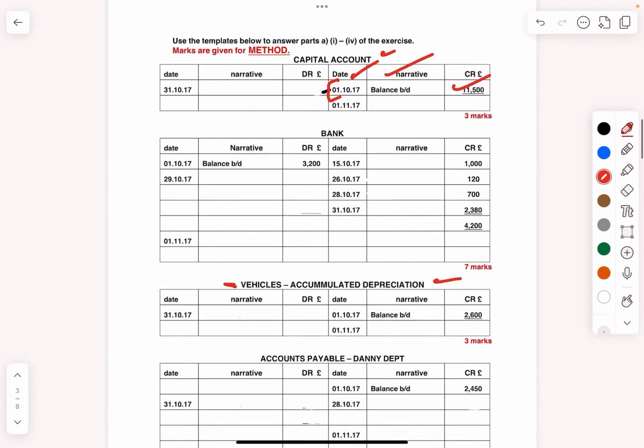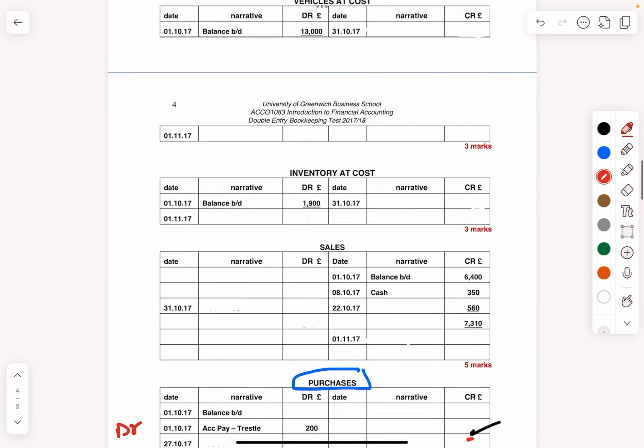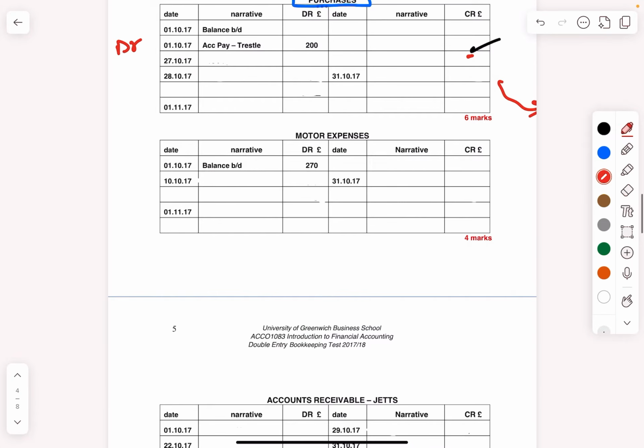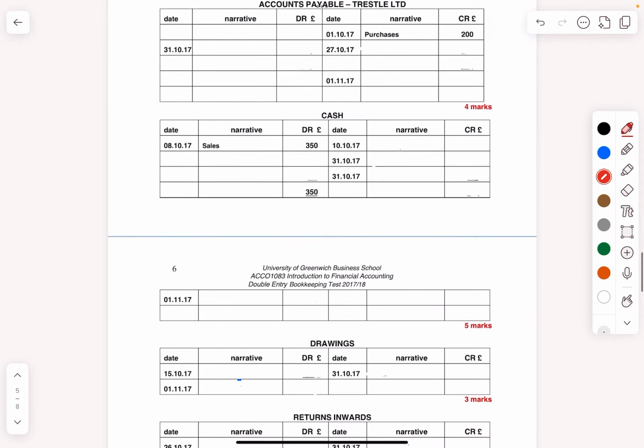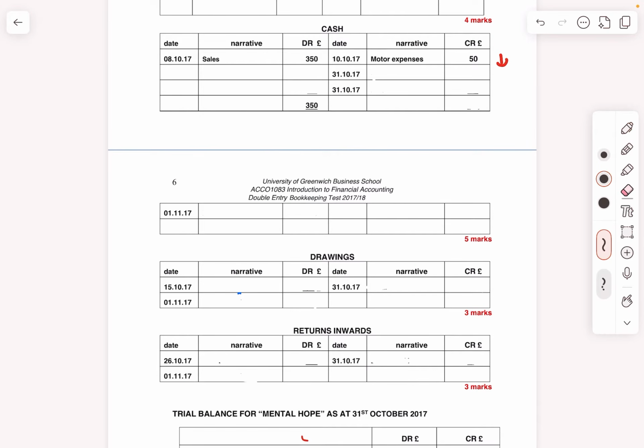Okay, let's go to the cash account. Already I think we put something in the cash account. Yes, you see the cash account, on the 8th we had some sales. Now we're going to put motor vehicle expenses as a credit because we lost money, or the asset has gone down, which is the cash.